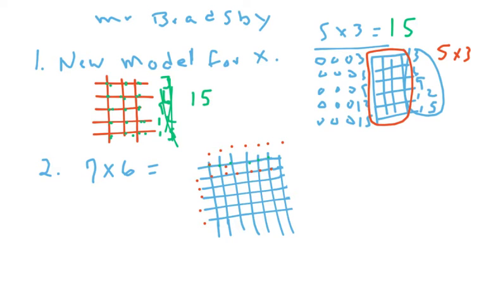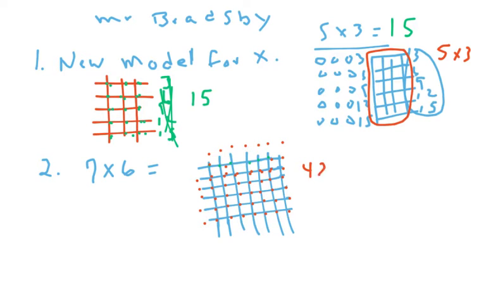1, 2, 3, 4, 5, 6, 7. So I can't count. 8, 9, 10, 11, 12, 13, 14, 15, 16, 17, 18, 19, 20, 21, 22, 23, 24, 25, 26, 27, 28, 29, 30, 31, 32, 33, 34, 35, 36, 37, 38, 39, 40, 41, 42 intersection places.